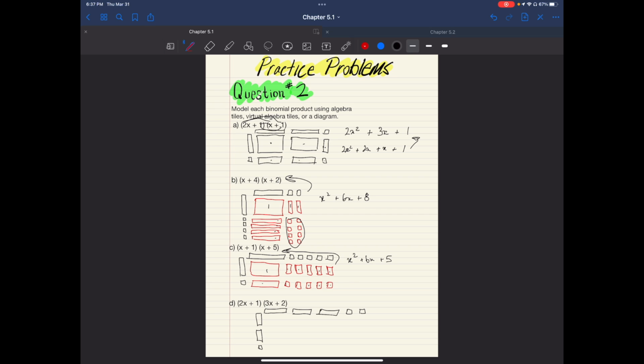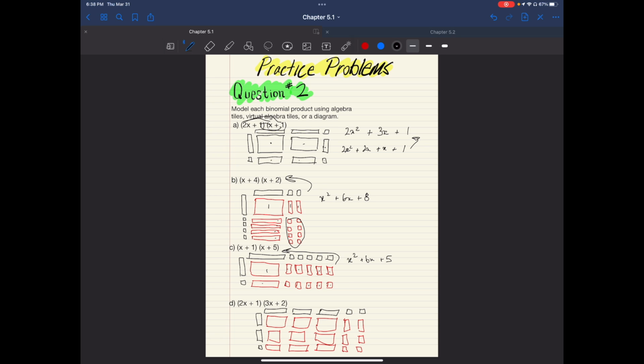Now we will do the actual product. So this should be an x squared, x squared, x squared, x squared, x squared, x squared. This will be a single x, and here is x, x, x, x, and the individual units.